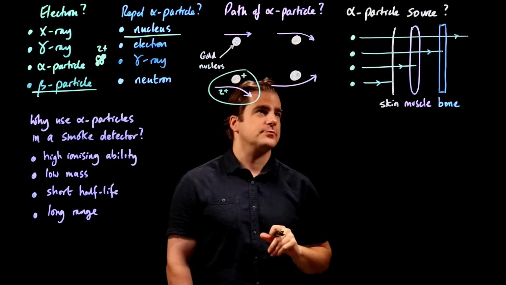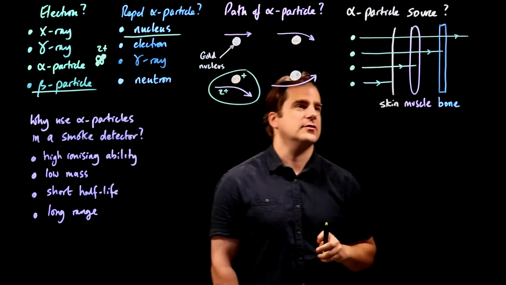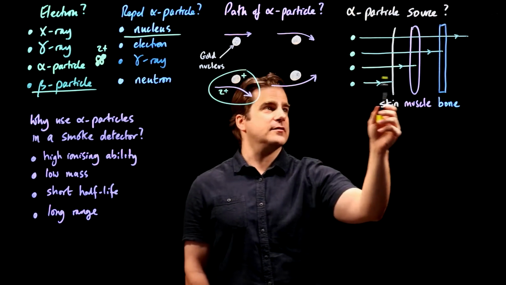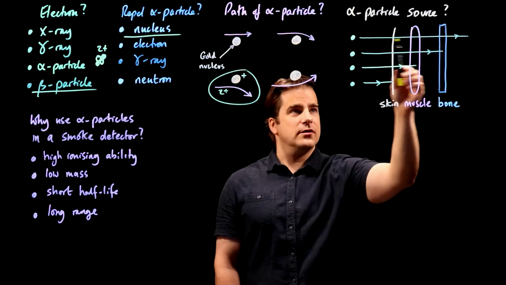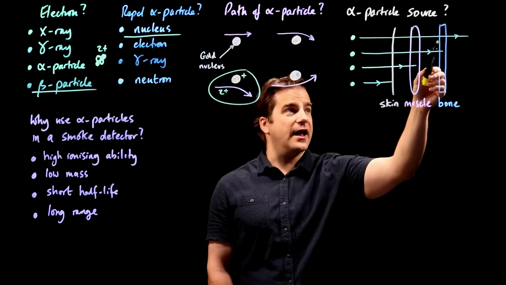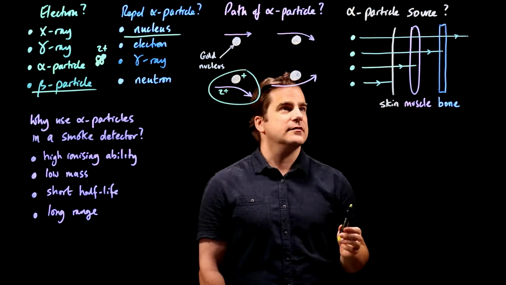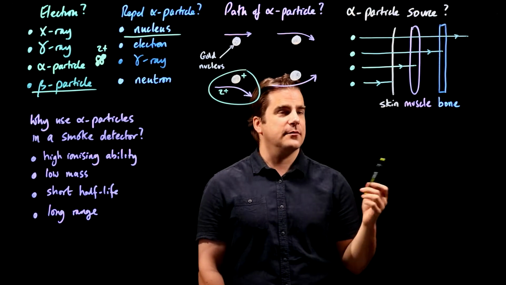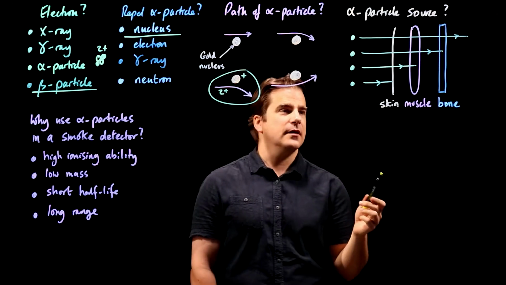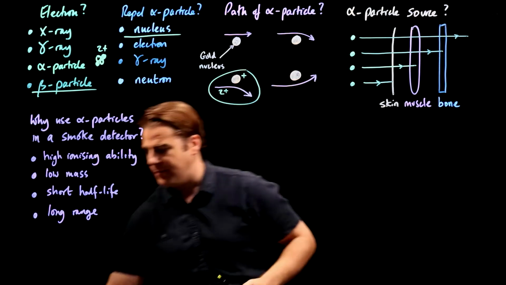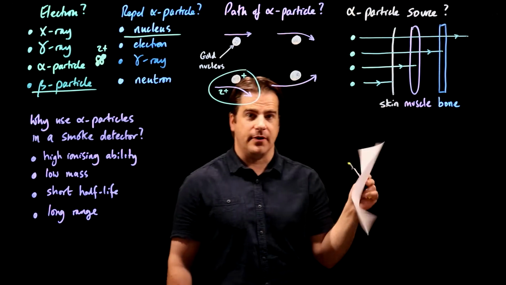Okay, alpha particle source. Which of these is an alpha particle source? Okay, skin, muscle and bone. Right, this one goes through your skin, through the muscle and through the bone. So that's very penetrating. That can't be an alpha particle. Alpha particles are stopped by a single sheet of paper, okay?